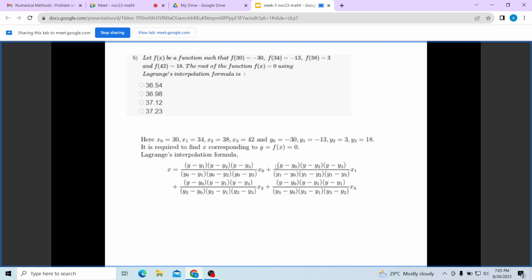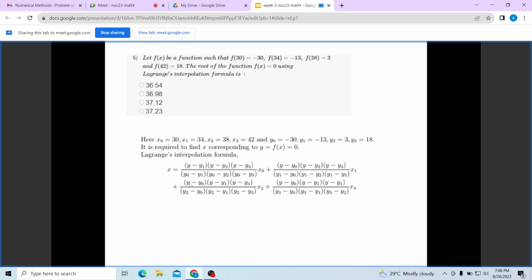Similarly for the second term, plus y minus y naught, here we will remove y1, so you will get y minus y naught into y minus y2 into y minus y3, divided by, at the place of y we put y1, so you'll get y1 minus y naught, y1 minus y2, y1 minus y3, and since it's the second term, we multiply it with x1. Now plus the next term. Similarly, here we'll remove y2 and replace y with y2 in the denominator.